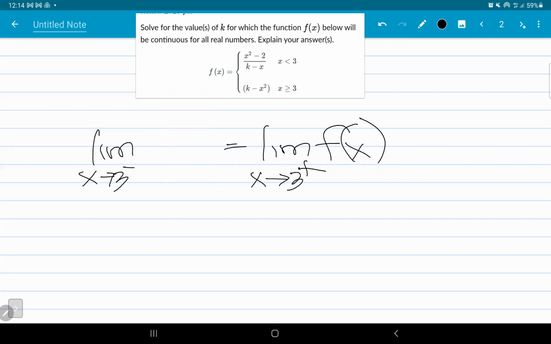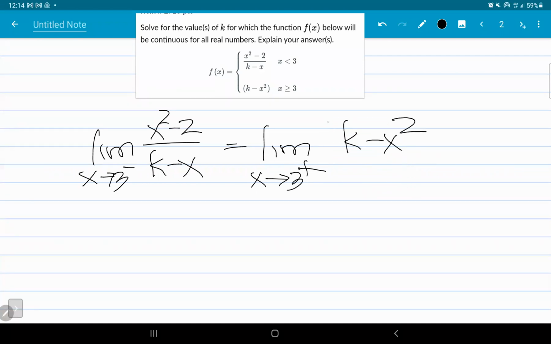So this will become, from the right, the other one. And then you plug in 3. Direct substitution.